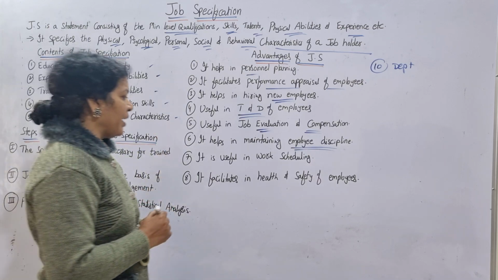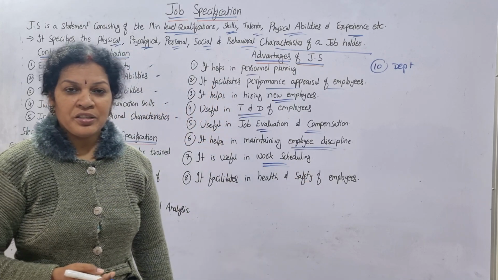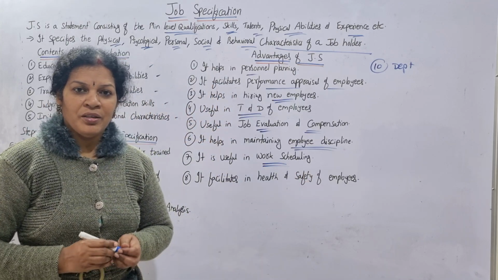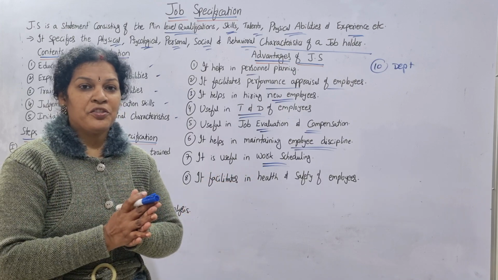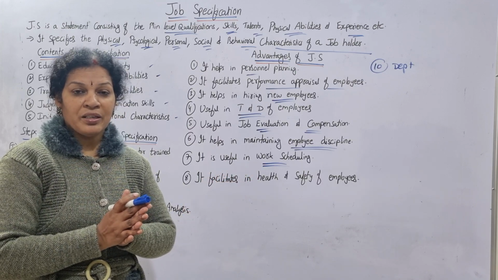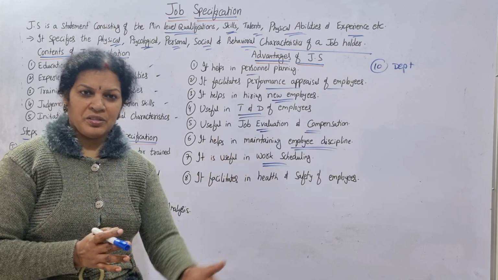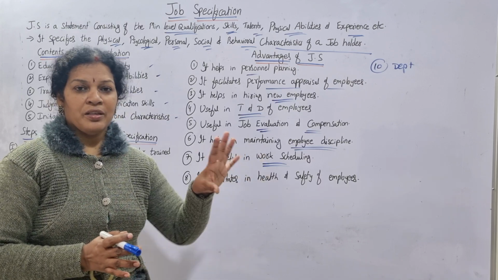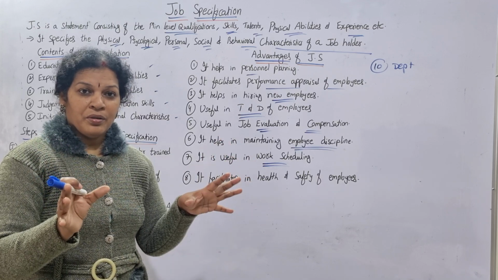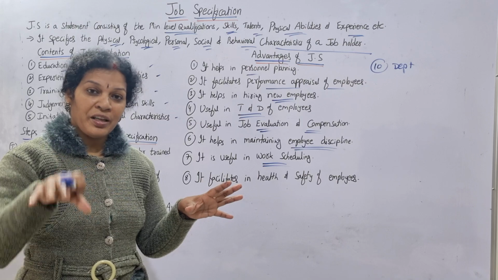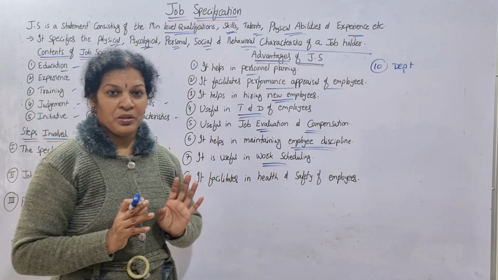And it is also useful for work scheduling. You can decide the work very clearly, because we know what we want and what the employee has. Both we can match, and we can fix very clearly what work is to be assigned to him according to his nature of job, that is, according to the job description and according to the qualification and everything, like the job specification. Both together we can decide work scheduling.